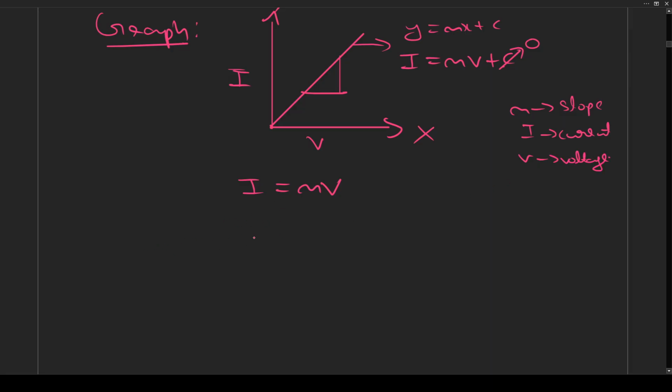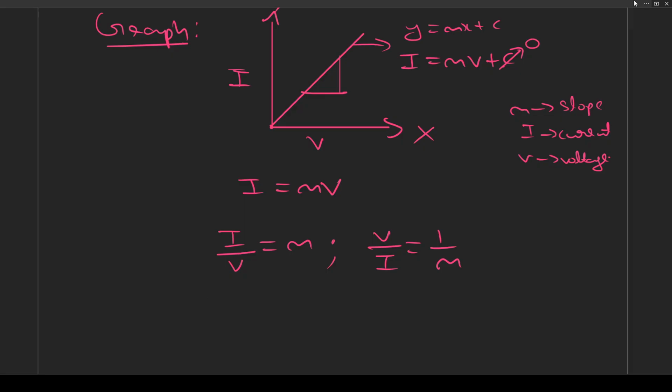From this, we can say that I by V equals M, and from this equation, we can say that V by I equals 1 by M. Just reciprocal this equation.